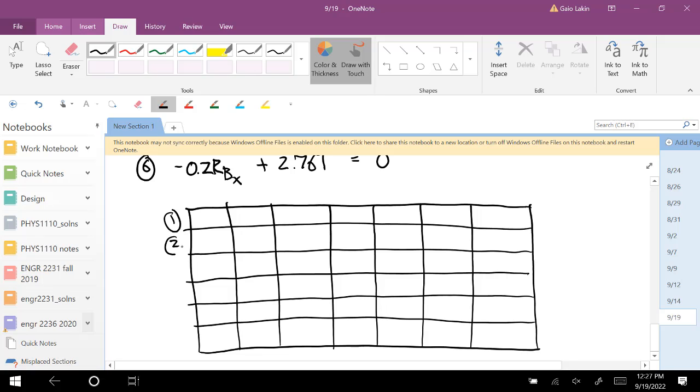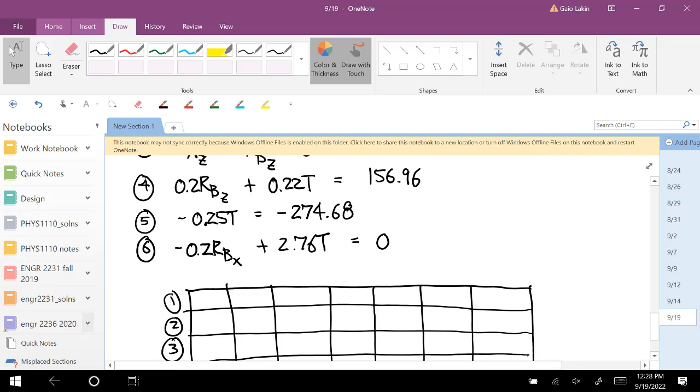So here are the 6 equations. And the variables, let's go RAX, RAY, RAZ, RBX, RBZ, and T. And then the last one is for the constants.